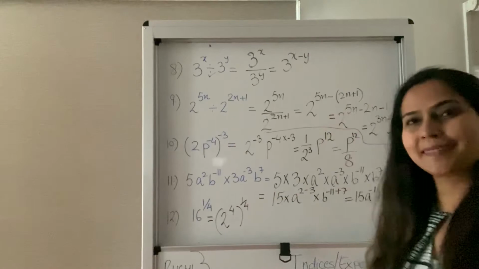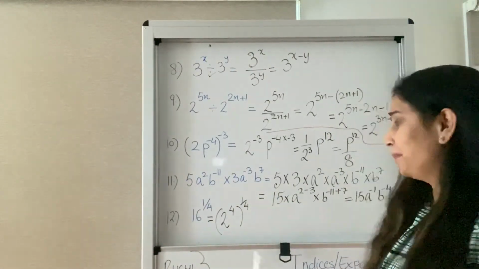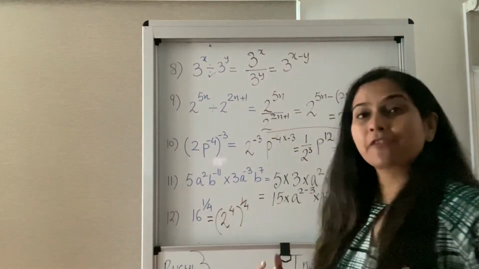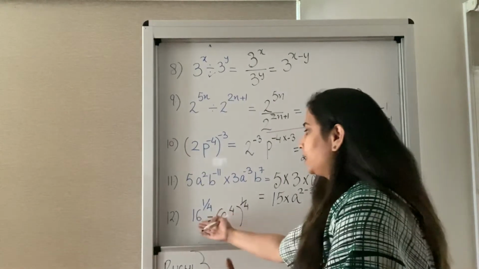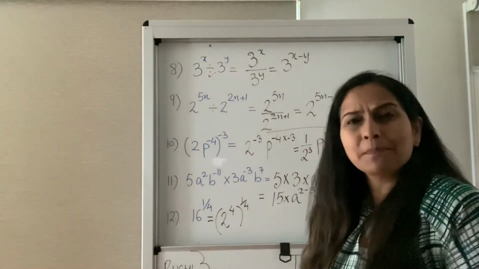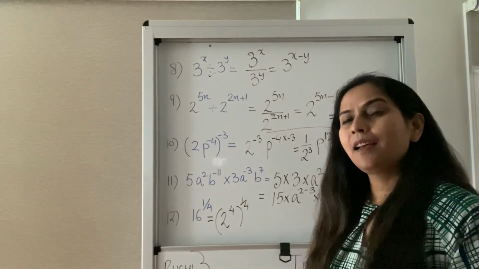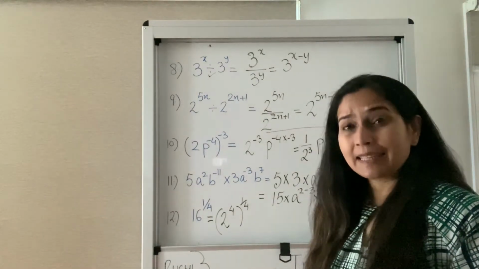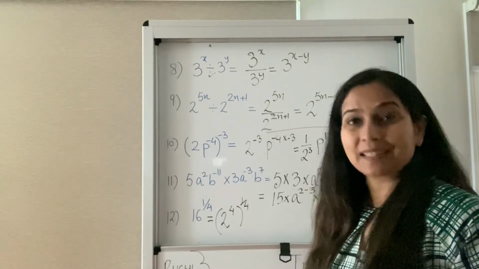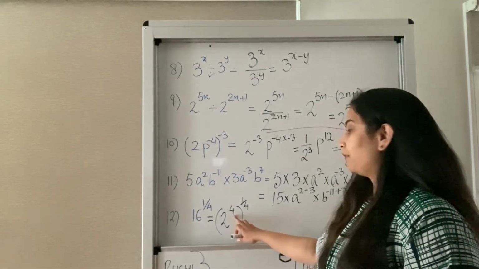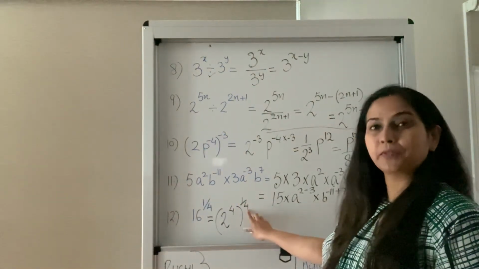Look at this. This is a bit difficult, but let's think about it. Because this is a power which is in fraction, a fractional power. So from where to proceed with this kind of an expression, how to simplify it? We will try to write 16 as an index number which has a power 4. And we know 2 to the power 4 is 16. So we can write 2 to the power 4 and whole to the power a quarter or 1 over 4.